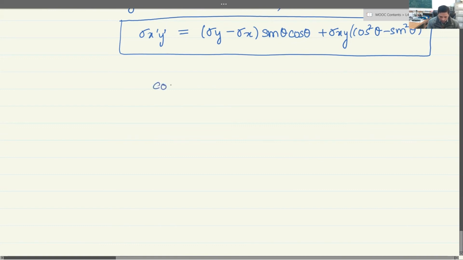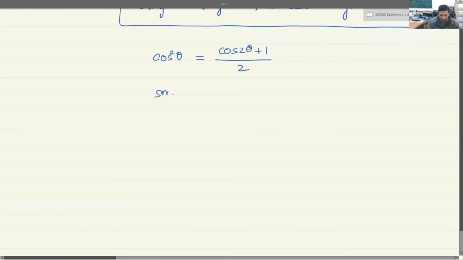Cos square theta is equal to (cos 2 theta plus 1) by 2. And similarly, sine square theta is equal to (1 minus cos 2 theta) by 2.